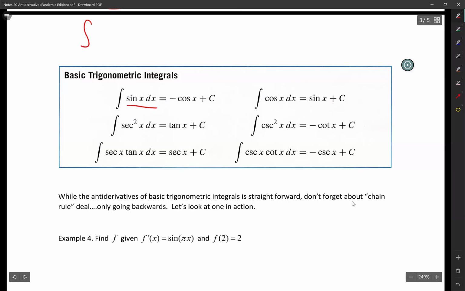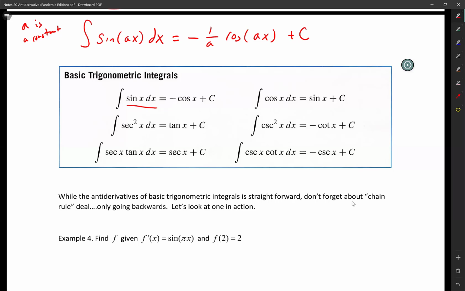Here's your rule. So I'm going to do this one here. Sine and then a linear argument, ax, where a is a constant, equals, you always do the reciprocal. Negative, because it's cosine. Let me write it again. Negative 1 over a cosine of ax plus c.